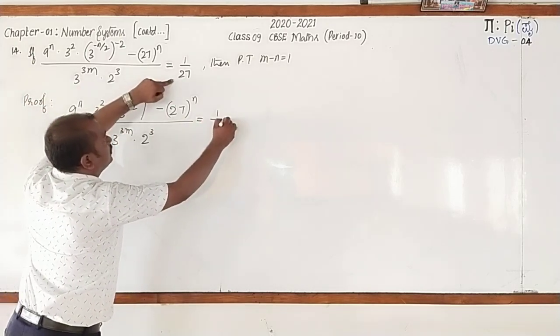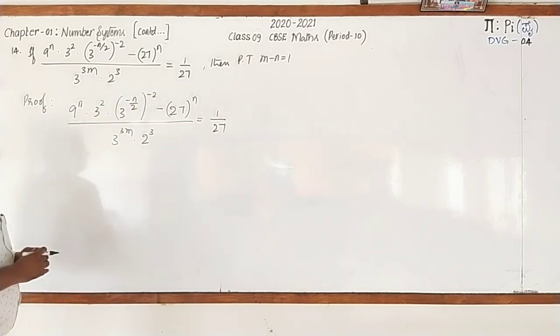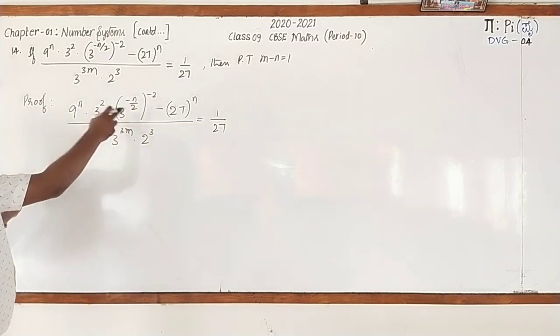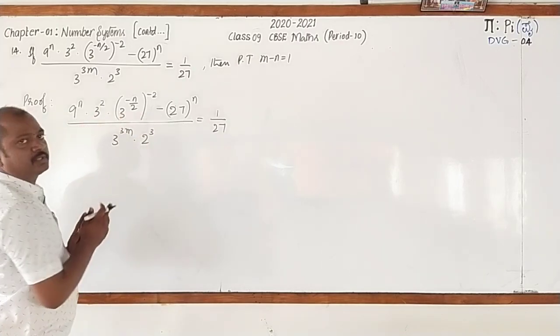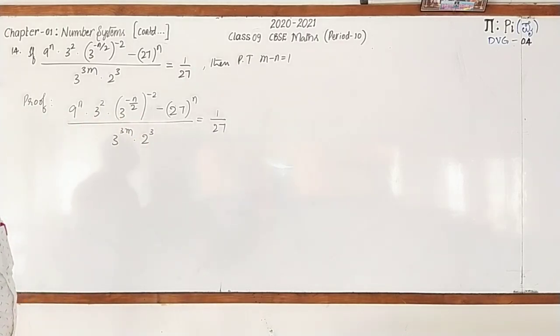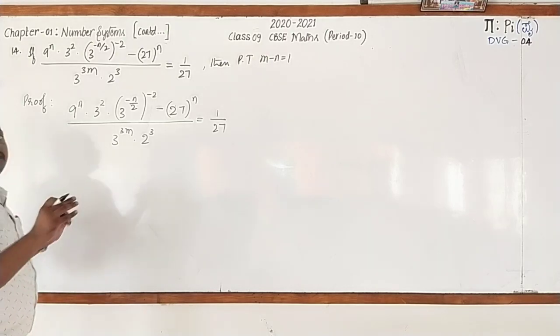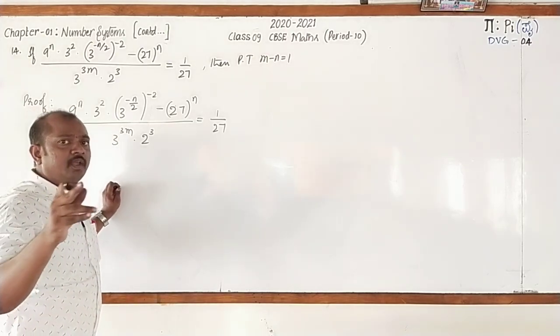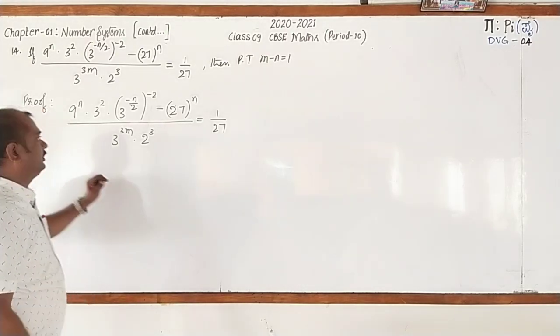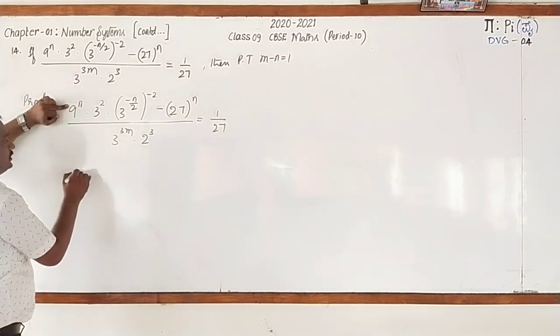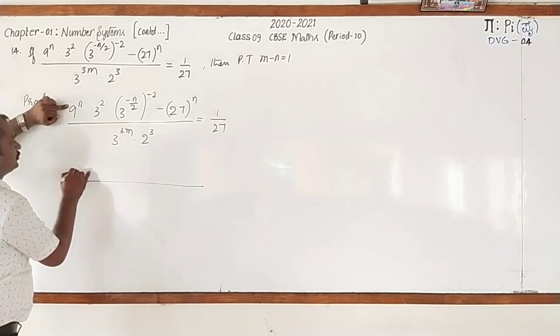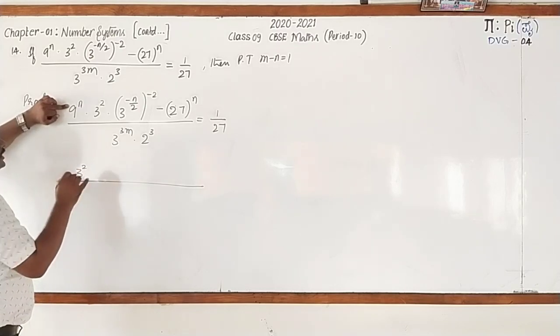This is equal to 1 by 27. When you observe this whole statement, LHS and RHS, you can come to know that most of the terms can be expressed in the exponent form of 3. Right? Here 9 is there. 9 can be written as 3 square. Right? 3 square is 9.